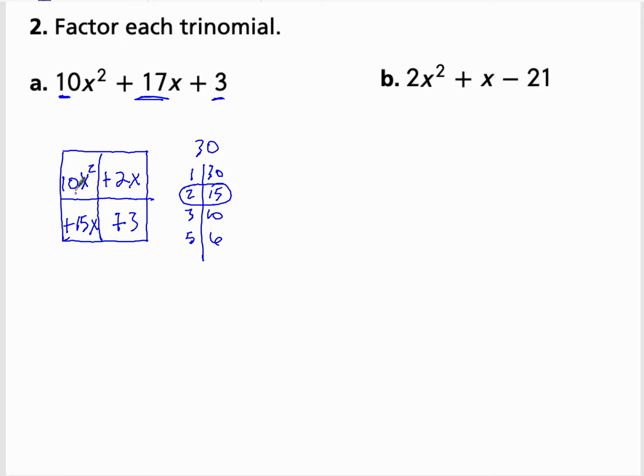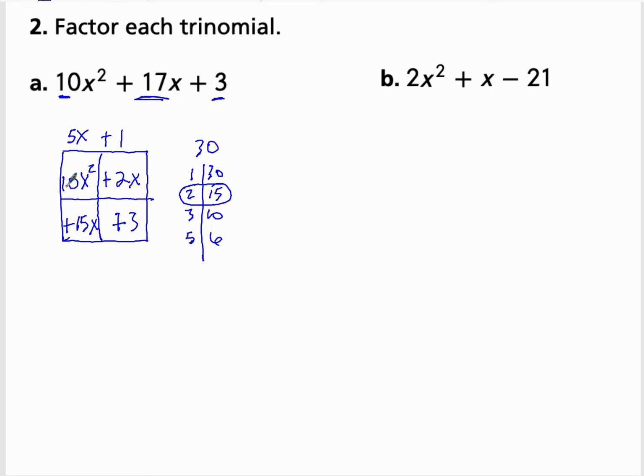So what are my common factors of 10x squared and 15x? Well, 5 goes into 10x squared, and 5 goes into 15x, so it's going to be a 5x that goes into both of those. Common factor with 2x and 3, well, the only common factor they share is 1, so plus 1. Since this is a plus here, that needs to be a plus.